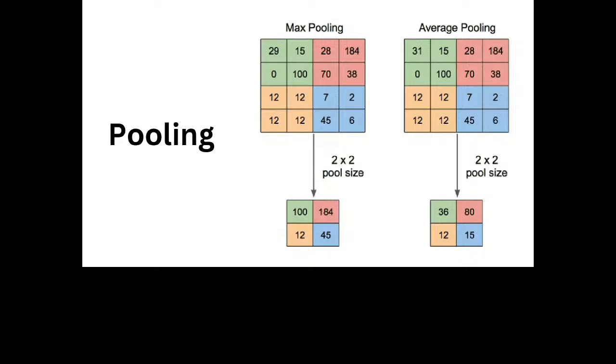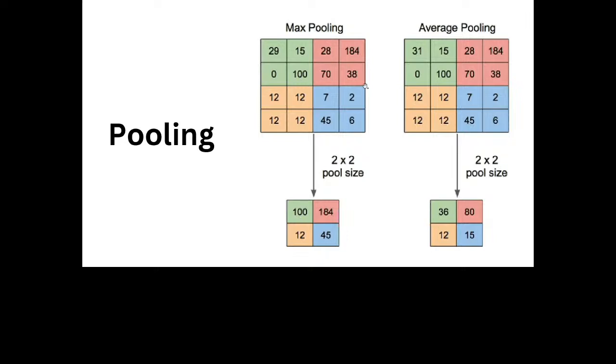In max pooling, I have taken an example where I've got a 4x4 feature map, and after applying a 2x2 pool size, what I'm doing is, for the first four cells in green color, I'm going to take the max value out of these. So 100 is the max value. That is pretty evident from the image itself.